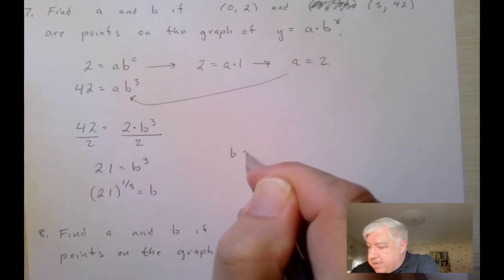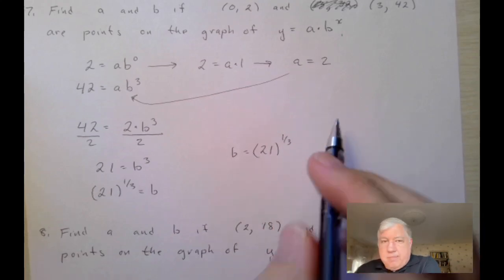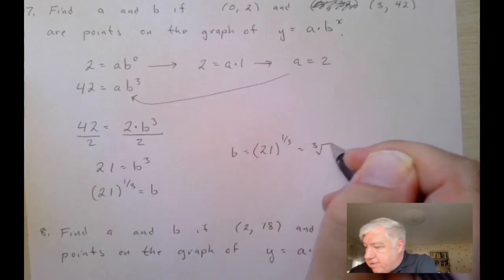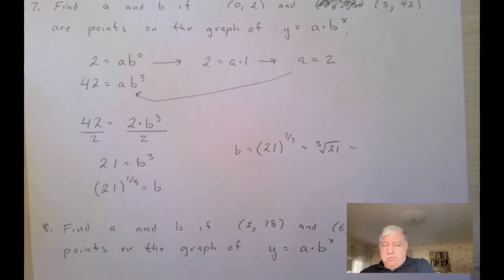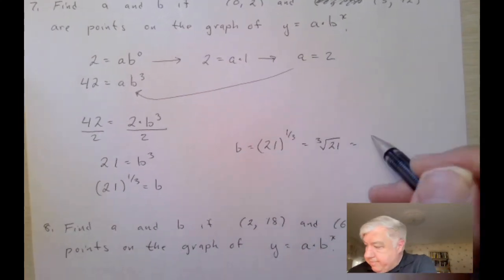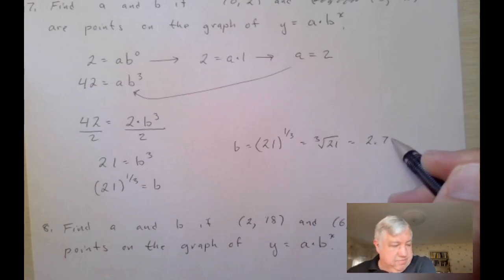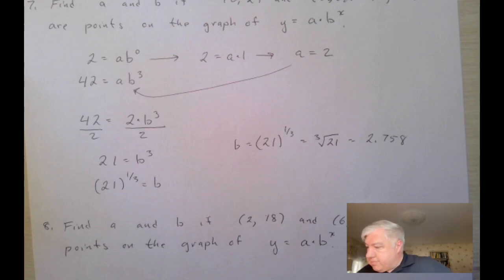So b is going to be 21 to the 1/3 power. And remember, this is the same thing as the cube root of 21. Okay, this is not 21 divided by 3. It's the cube root of 21, which is 2.758. All right. So that's what b is.